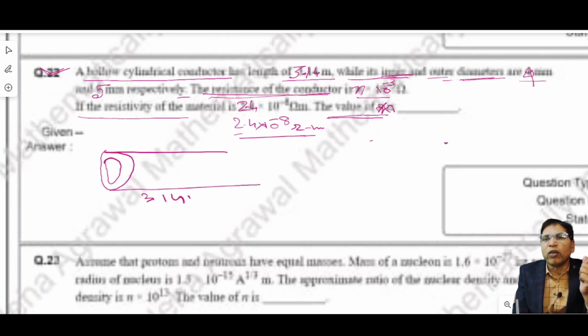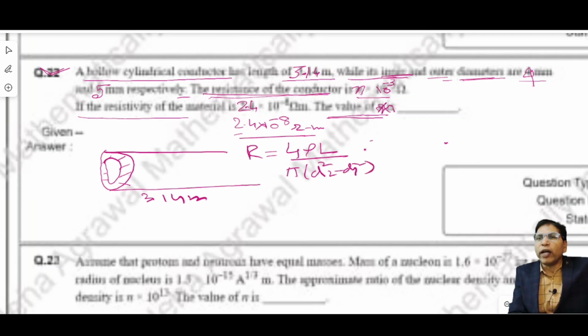Length is 3.14 meter. So the resistance of this hollow conductor is R equal to 4 rho L divided by pi into d2 square minus d1 square.